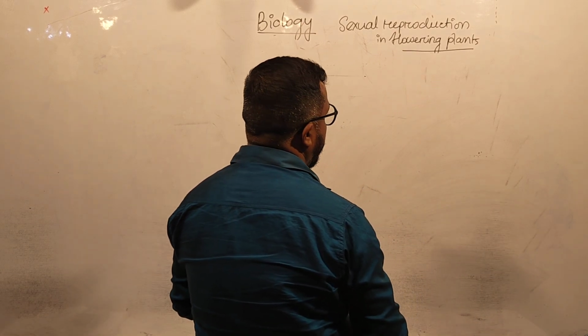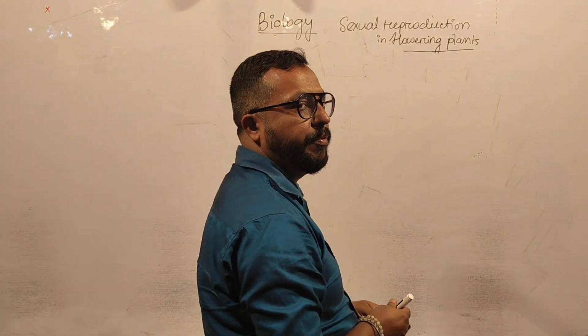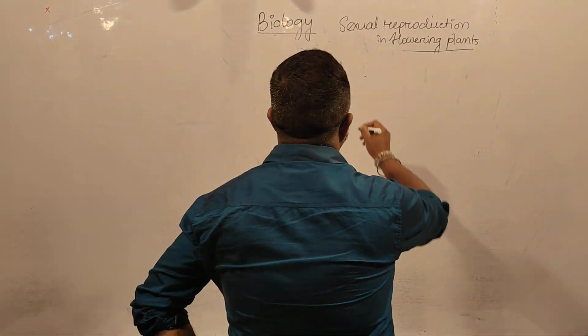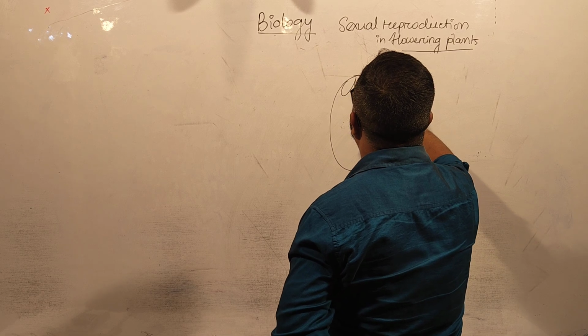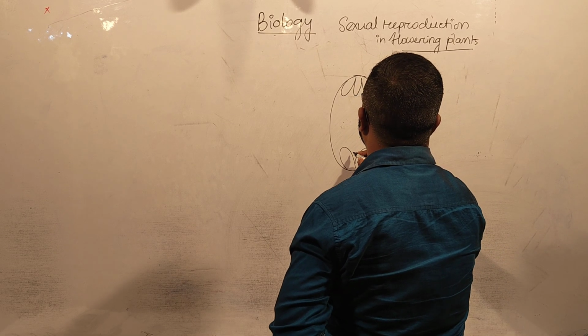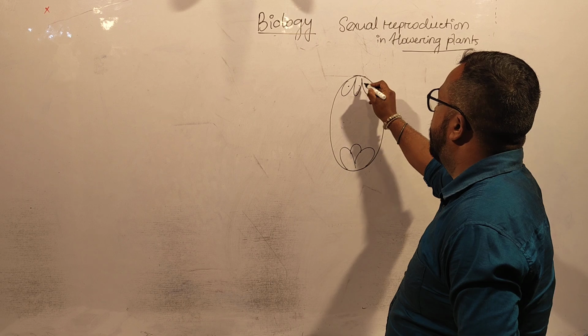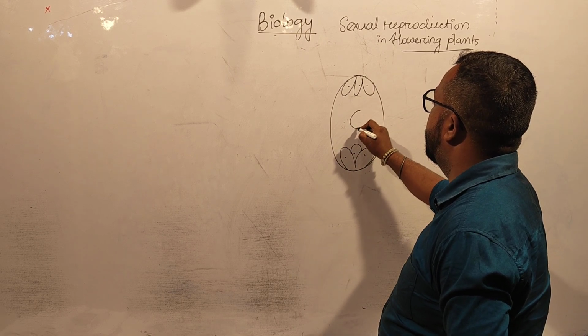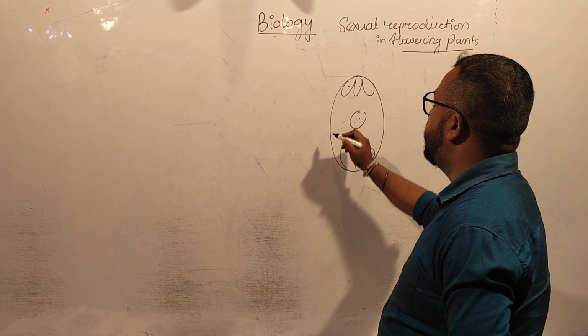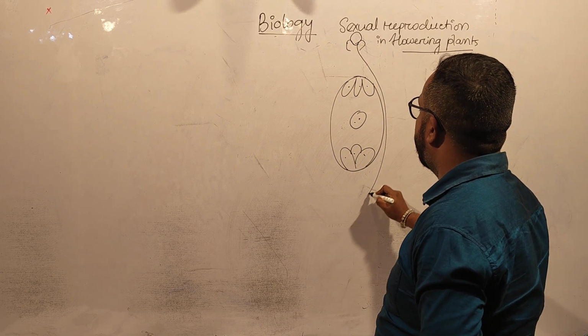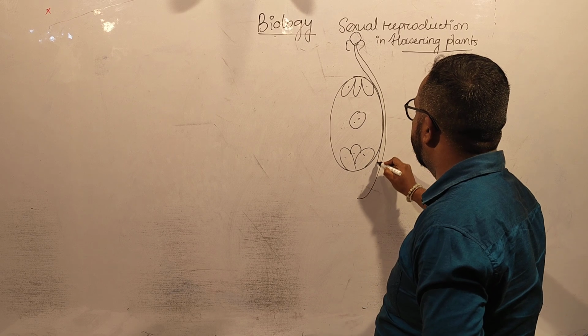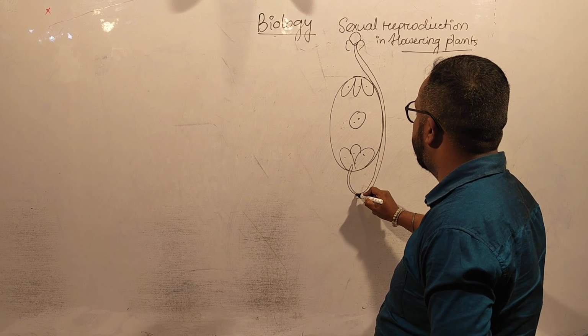Then coming to the next one, that is what happens after fertilization. If we look at this diagram, the pollen tube will come from the stigma and enter inside.